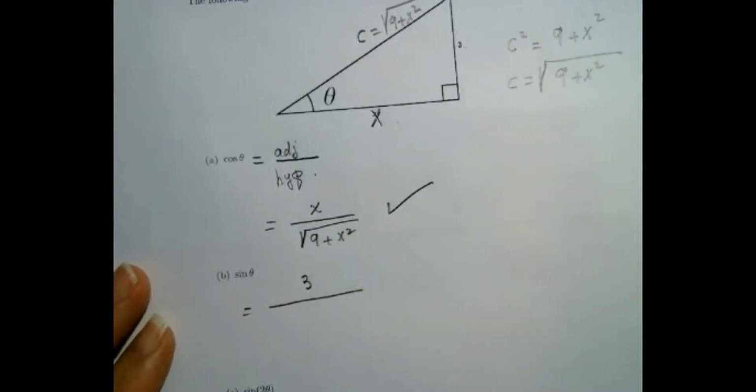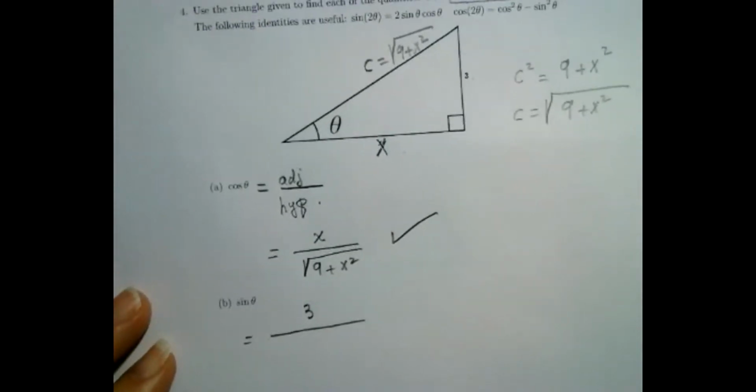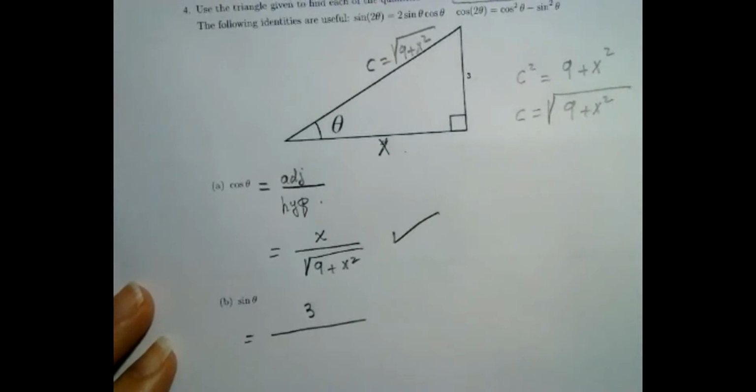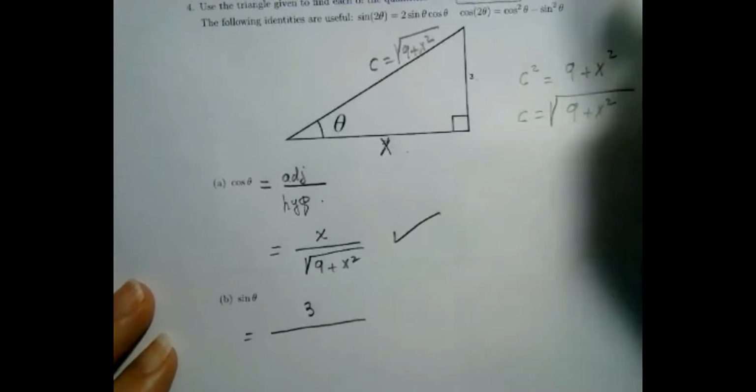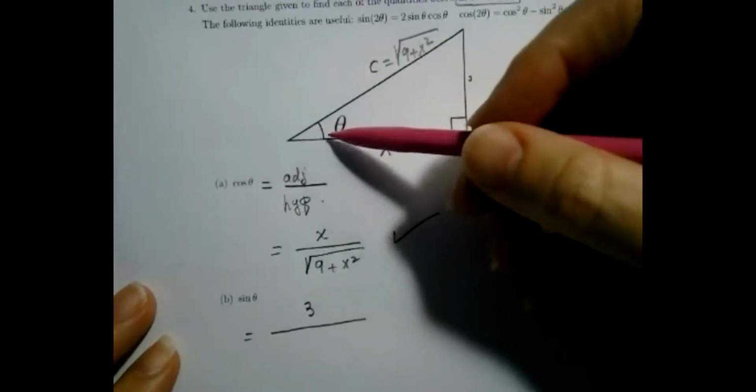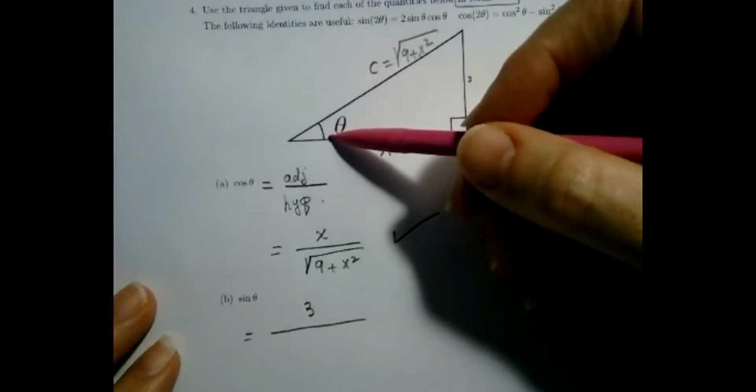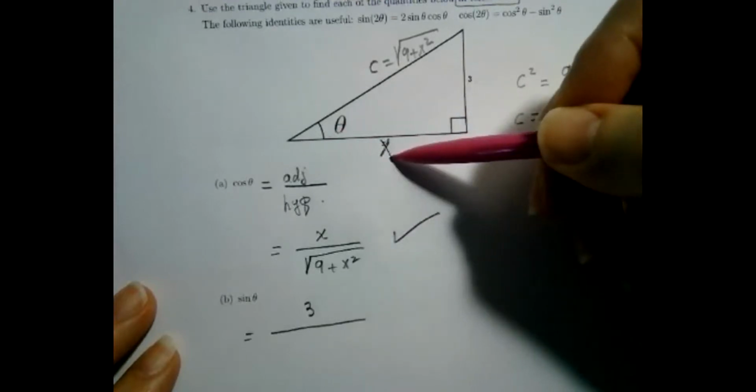Question? Yes, please. You said cosine is adjacent over hypotenuse, but that's opposite over hypotenuse. What's the adjacent to theta? Adjacent is x, but that's sine.